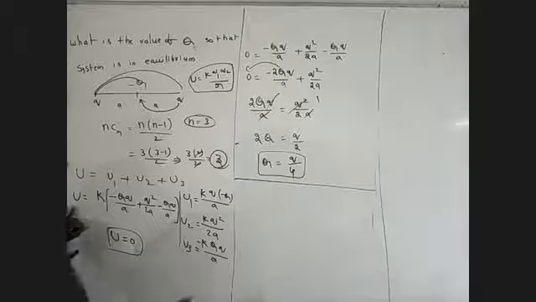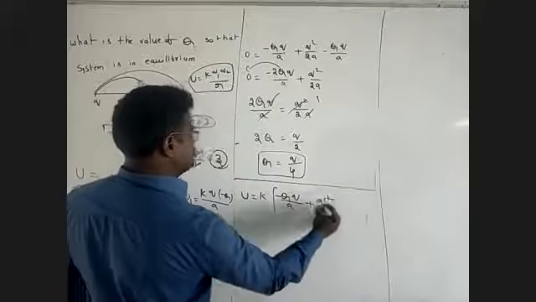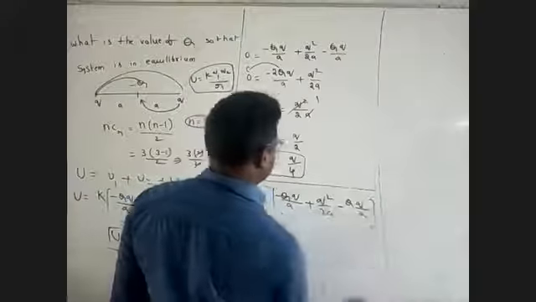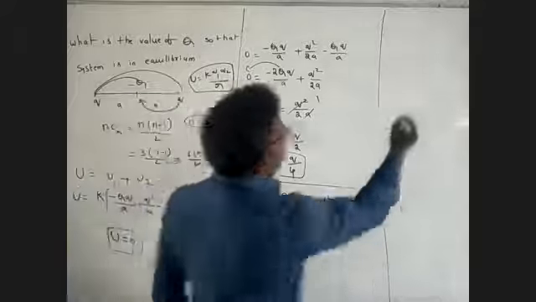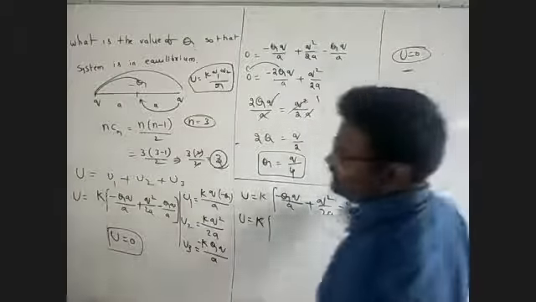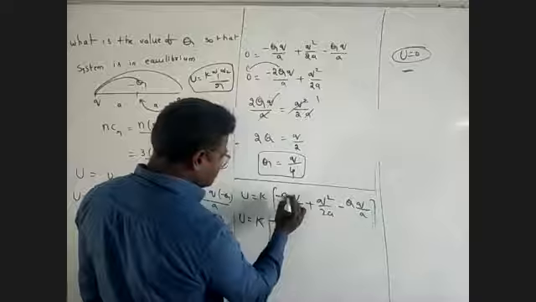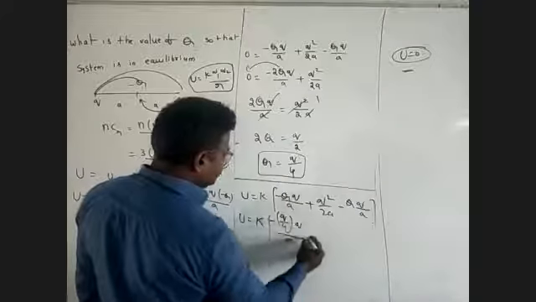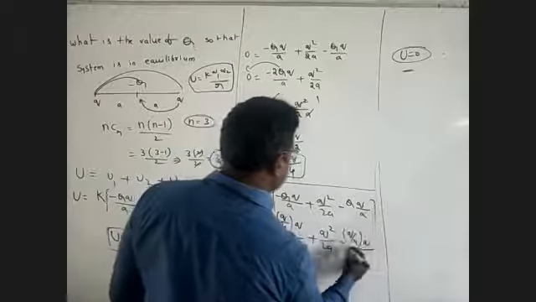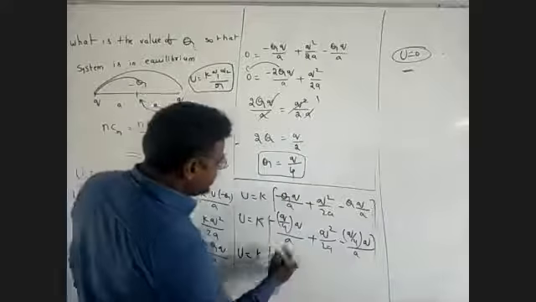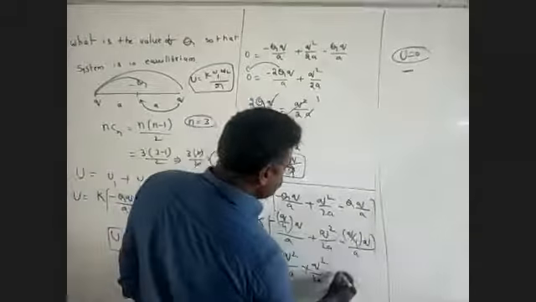The general equation: U is equal to K times minus capital Q small q by a, with capital Q written as q by 4. So U is equal to K times minus q by 4 into q by a plus q square by 2a minus q by 4 into q square by a, that is minus q cube by 4a plus q square by 2a minus q into q square by 4a.